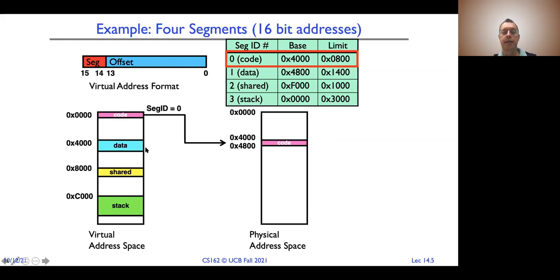Then for data, the data starts in the virtual address space at 4000. This means, what are the first 2 bits of any address in the data segment? Why don't you tell me? It should be a very simple answer. You have 16 bits.